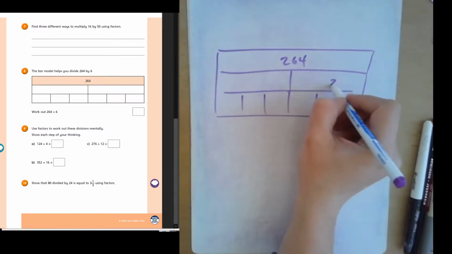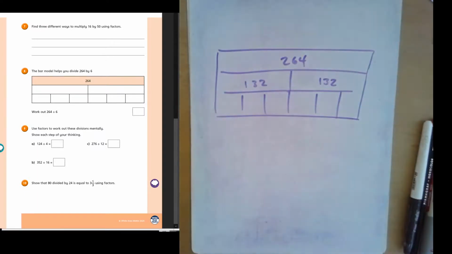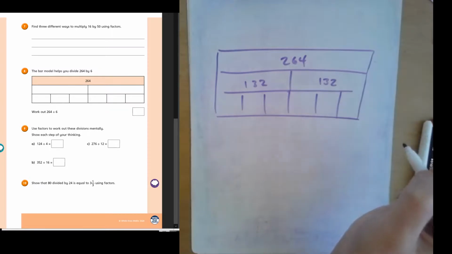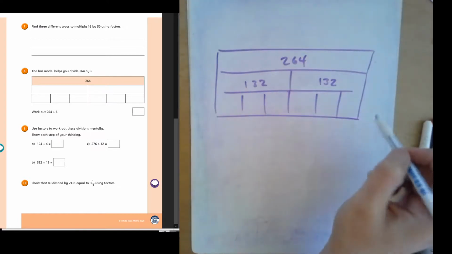And if I divide that by 2, then I've got 132 on each side. And then I'm putting it into 3 pieces.